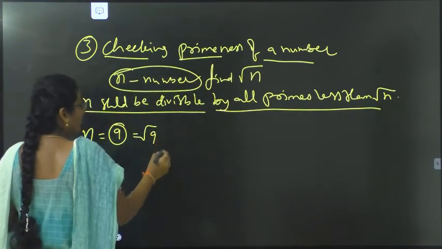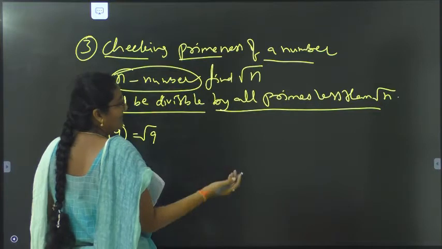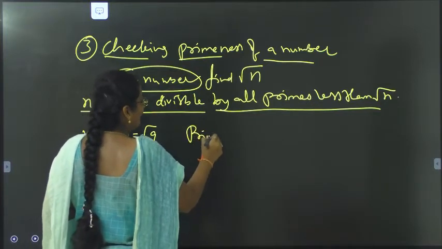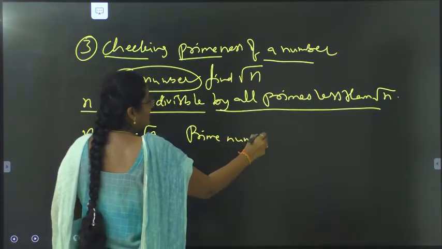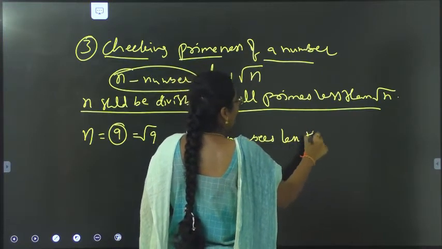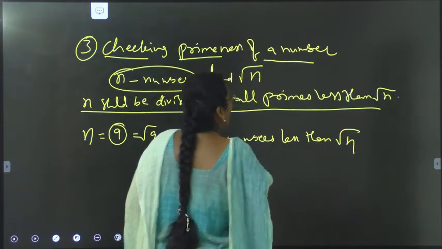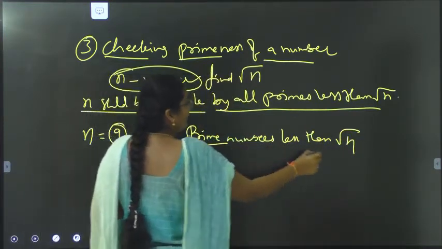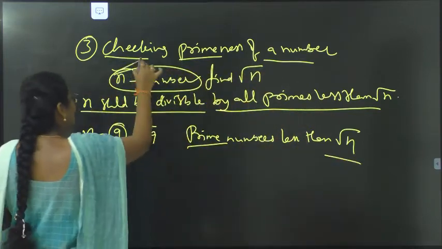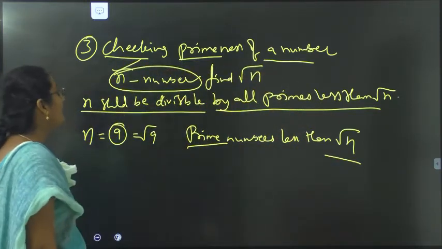So find the square root of n and find the prime numbers less than root n, and all the prime numbers which are less than root n should divide this n. That is the rule for checking primeness.